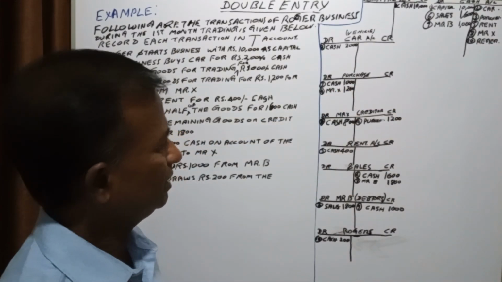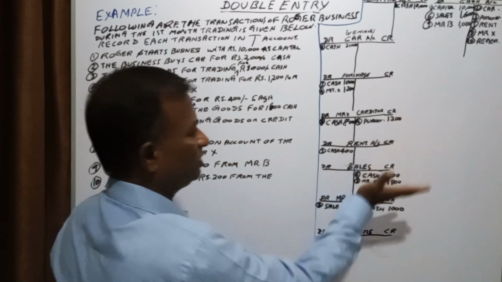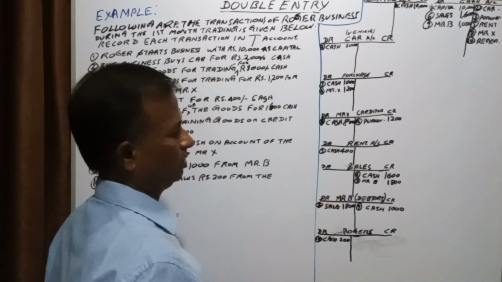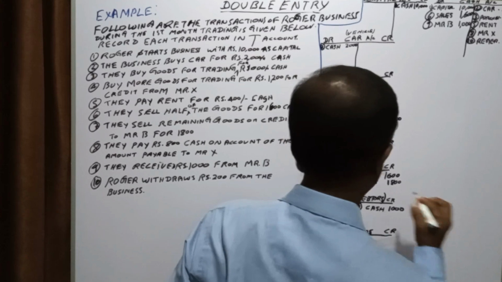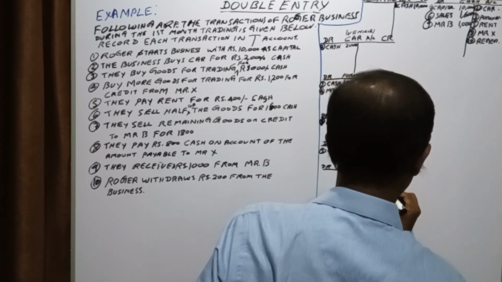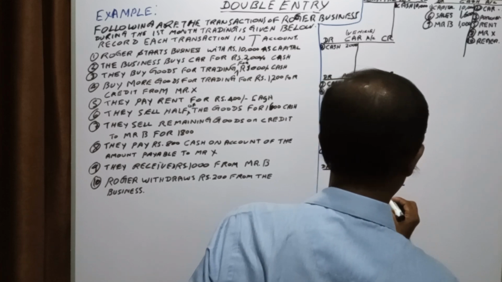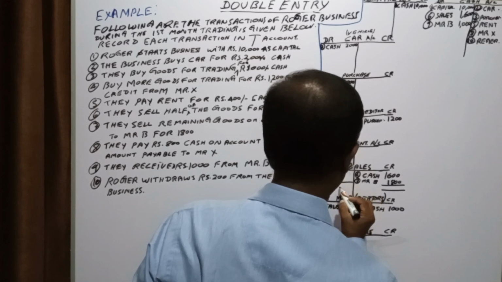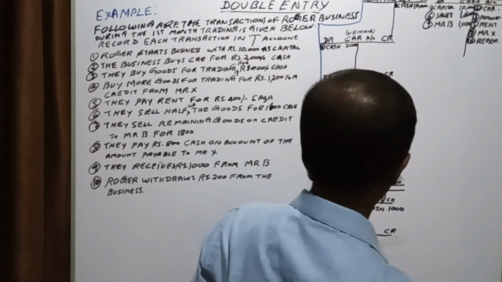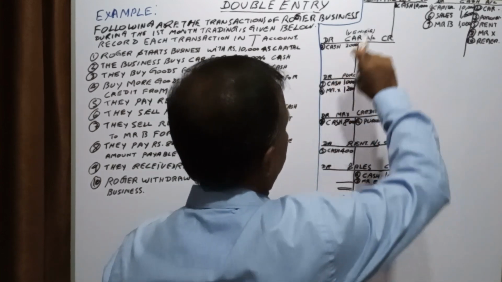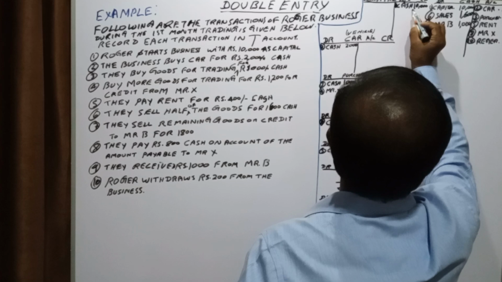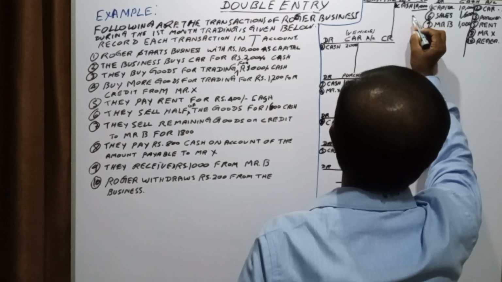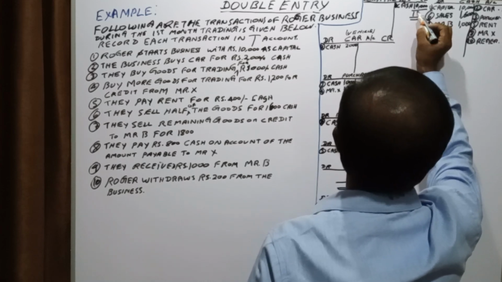Balancing means you have to see which side is carrying more amount, and that amount you will put on both sides. We will balance the account from there. Here we will say 10,000.